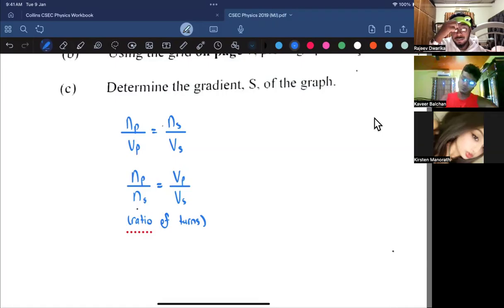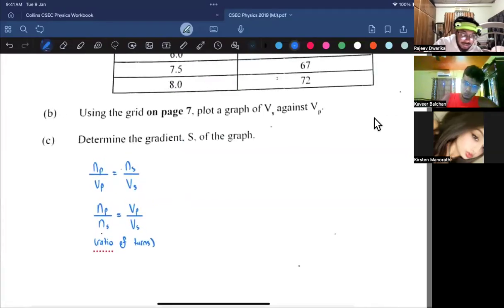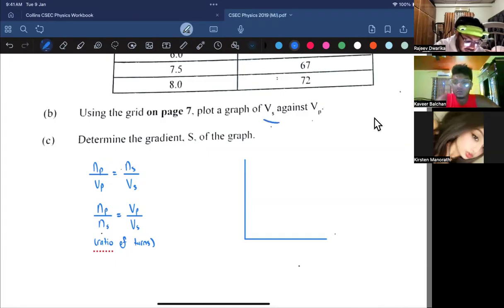All right, so Justin, you have that? Yeah. Okay, cool. So when we find the gradient, remember the gradient is whatever is on the y-axis versus whatever is on the x-axis. In this question, they want us to plot a graph of VS against VP. What is going on the y-axis?